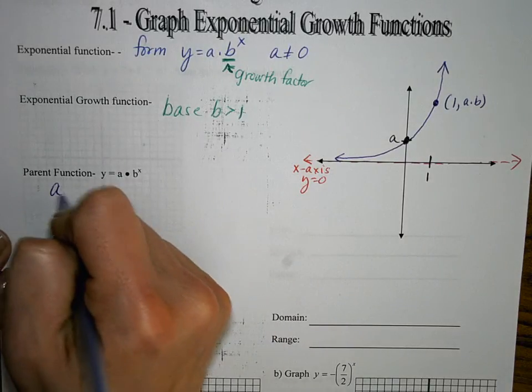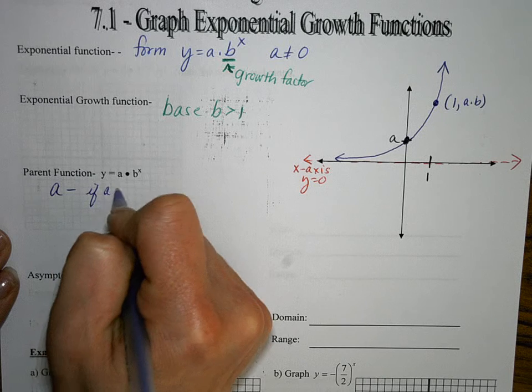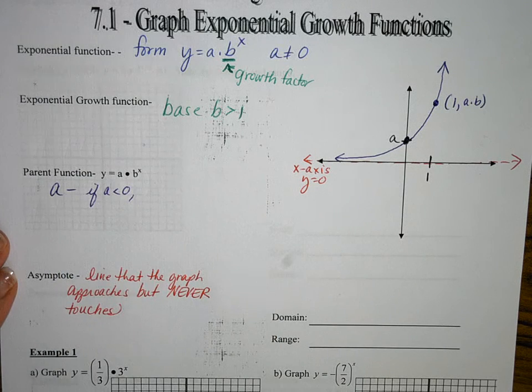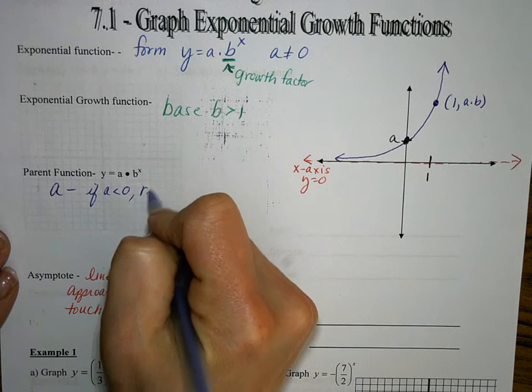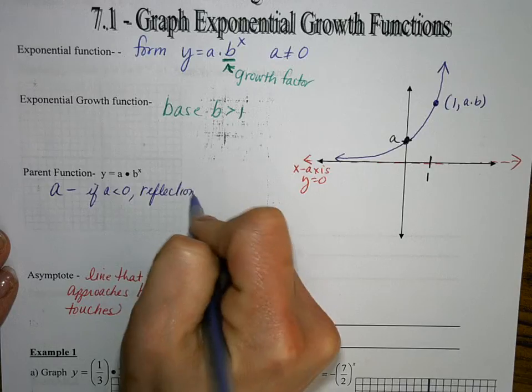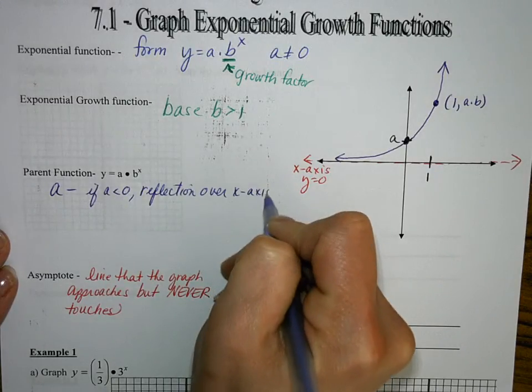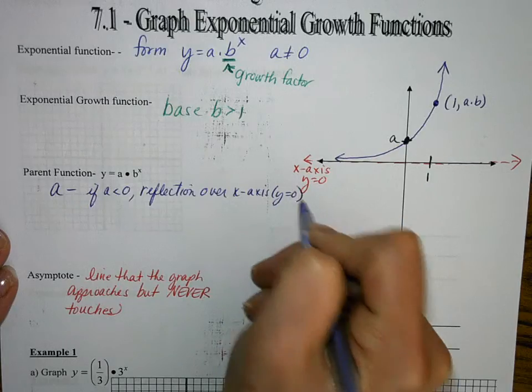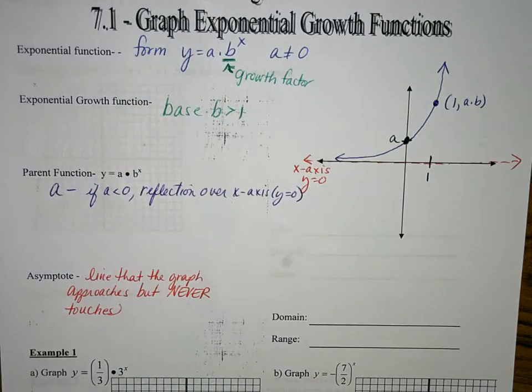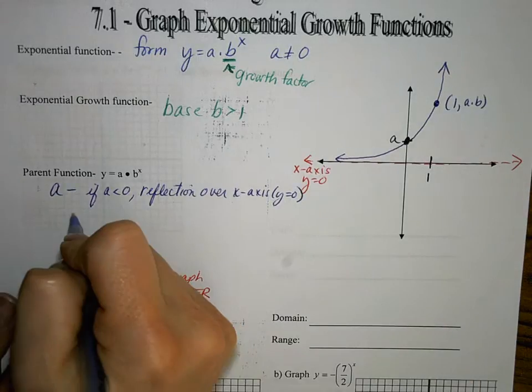So my a value, if the a is less than 0, if the a is negative, there will be a reflection over that x-axis, over that line of y equals 0. Perfect. What else does the a do? Very nice, Kennedy. Stretches it or shrinks it.